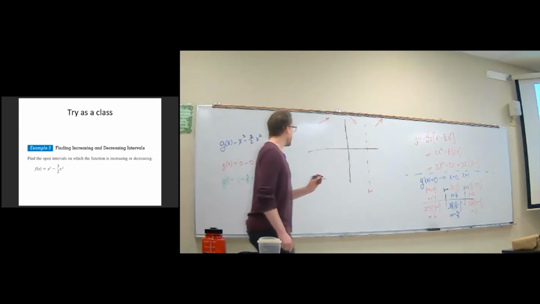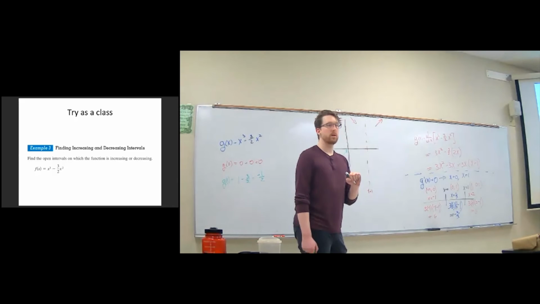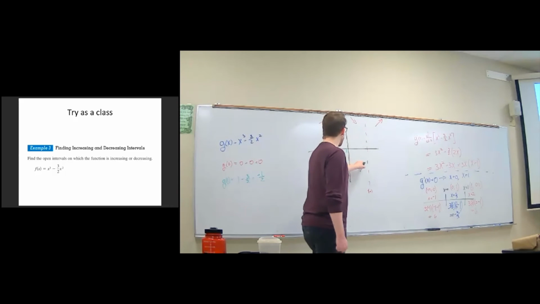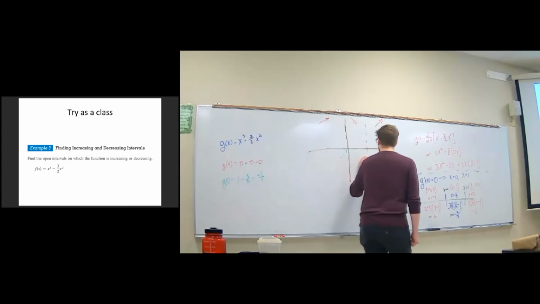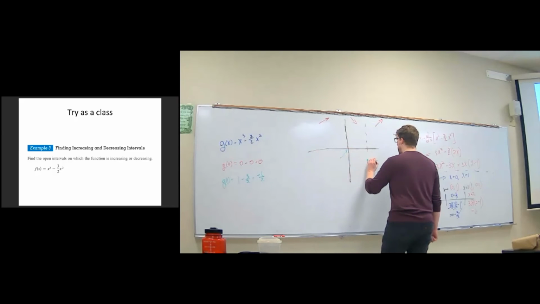So our function comes at 0, 0 this way. It comes at the point 1, negative 1/2 this way. Right?